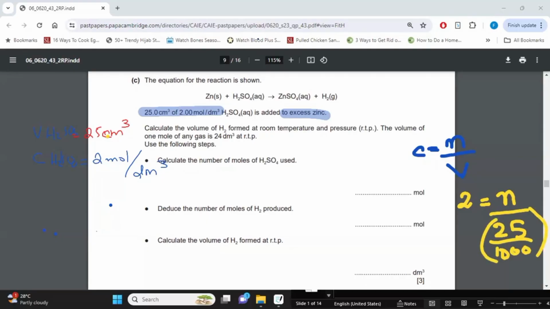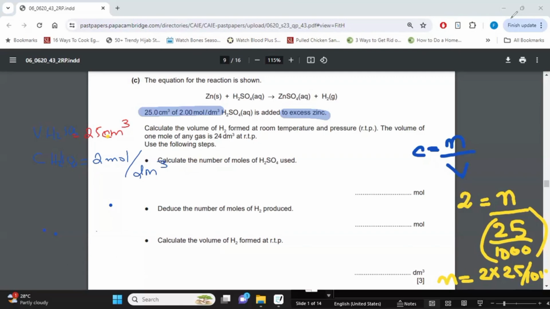So I will solve for the number of moles. My number of moles are going to be 2 multiplied by 25 divided by 1,000. Right? If we go ahead and we calculate, would somebody like to let me know what the answer is? 0.05. 0.05 is absolutely correct.